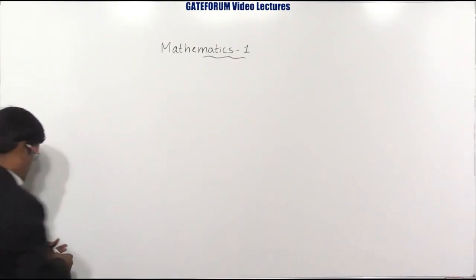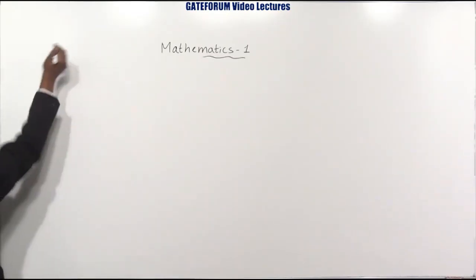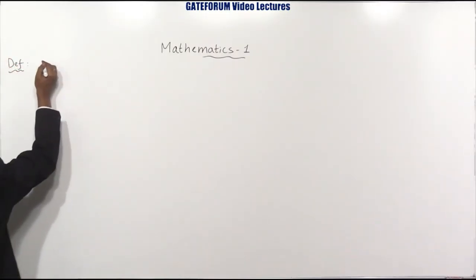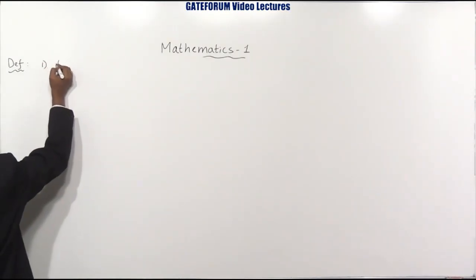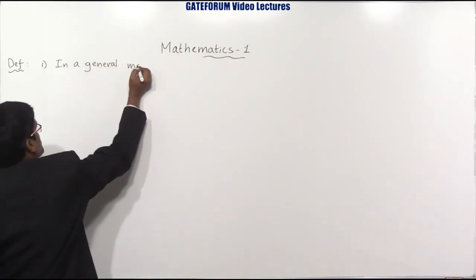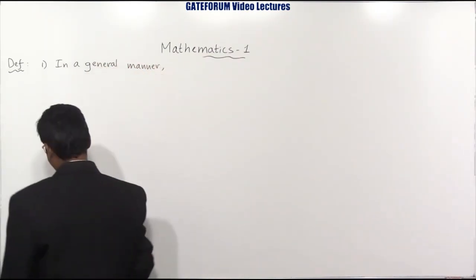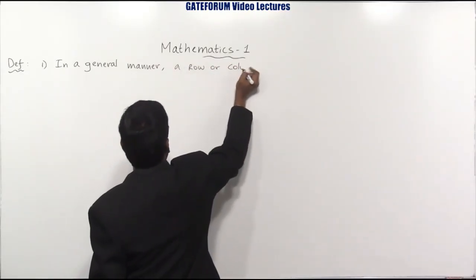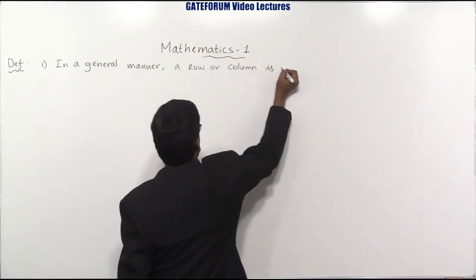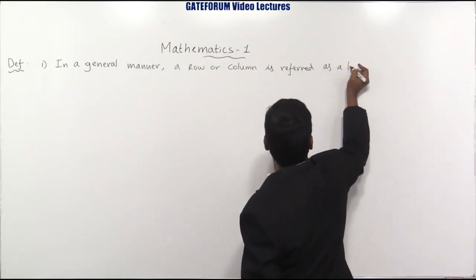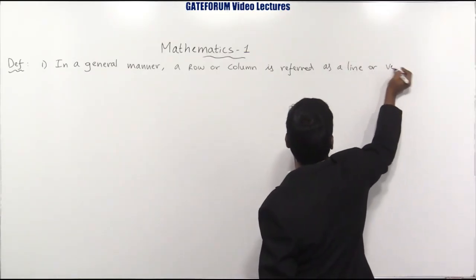The next topic is some definitions. Number 1. In a general manner, a row or a column is referred to as a line or a vector.